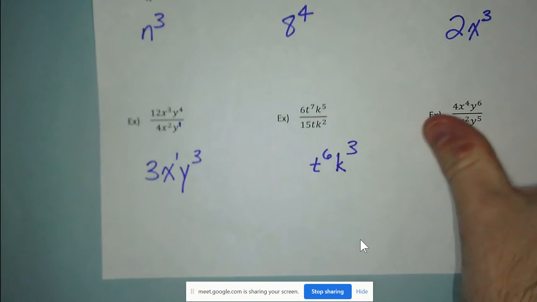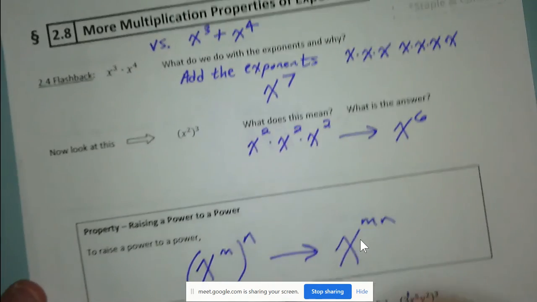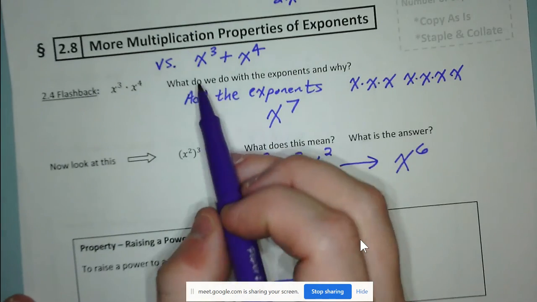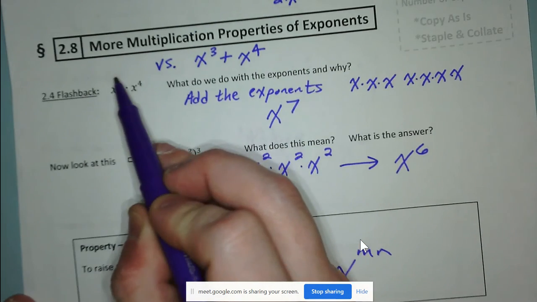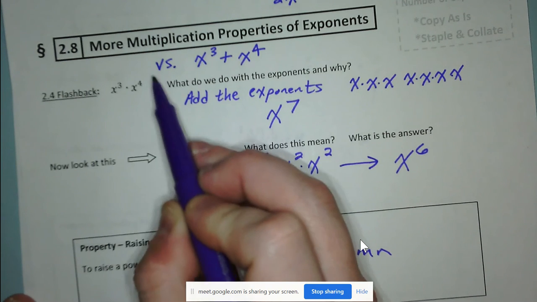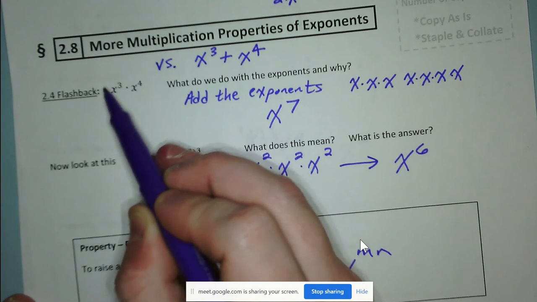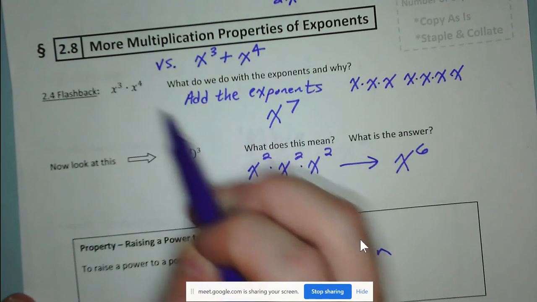So again, just a quick summarization, we have to learn ASAP how this is a very big idea with a very nice shortcut of subtracting the powers.